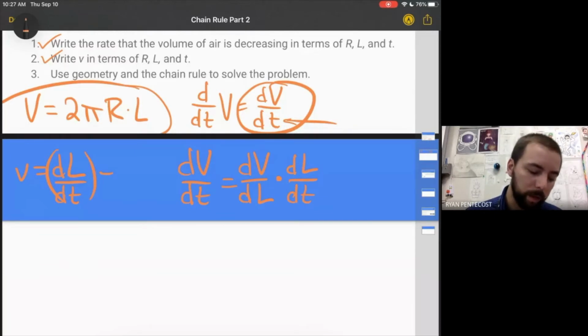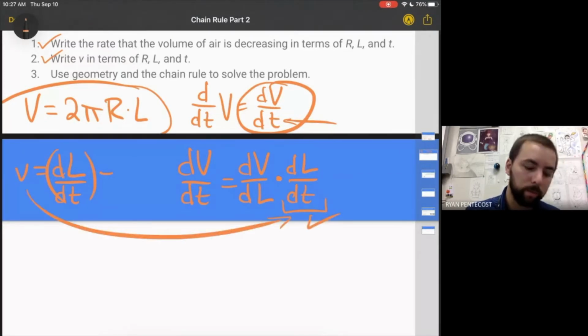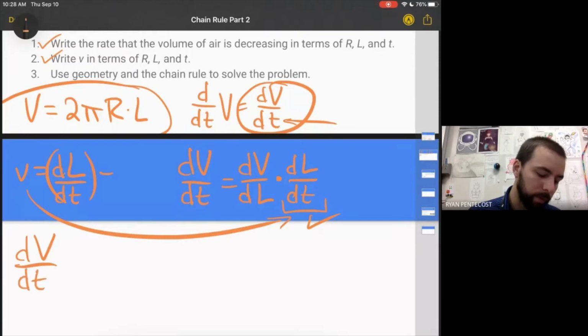But what we can take the derivative of is that equation with respect to length, and we do have the derivative of length. So this guy right here, derivative of length, we already have. That is velocity, right? Now what we need is the derivative of volume with respect to time. So what is the derivative?